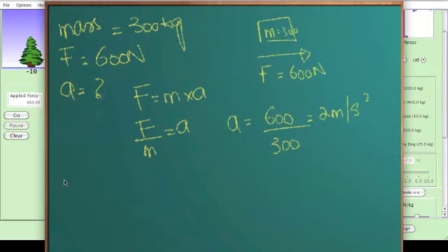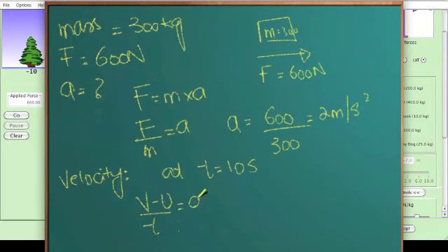Let's see, if I want to find out velocity at t is equal to 10 seconds with this constant acceleration, the simple formula would be v minus u divided by t is equal to a. So we have to find out v, which is the final velocity. The initial velocity is 0 in this case since it's starting from rest. And the time taken is 10.